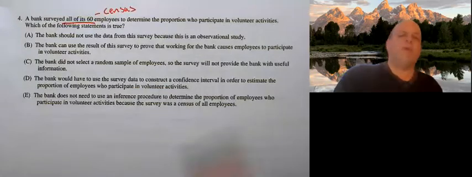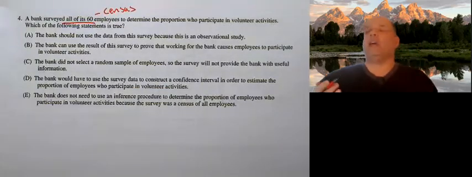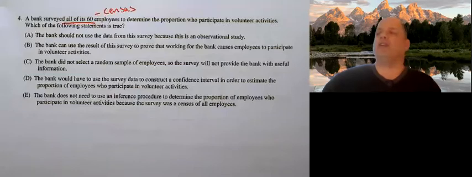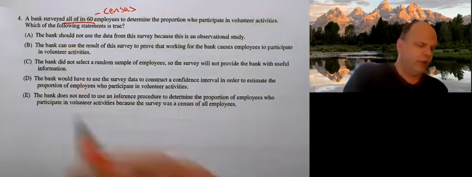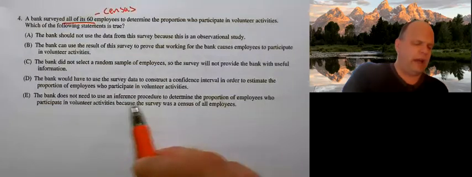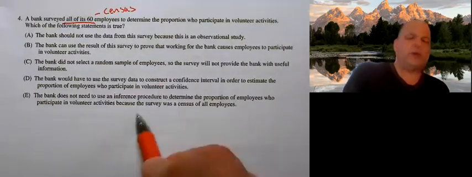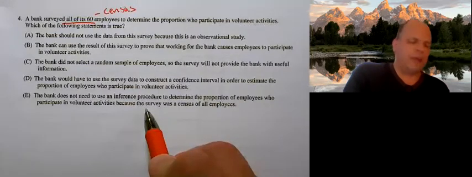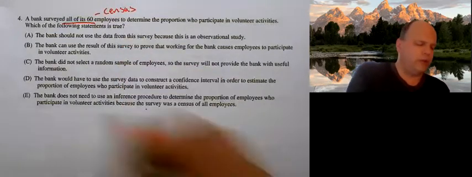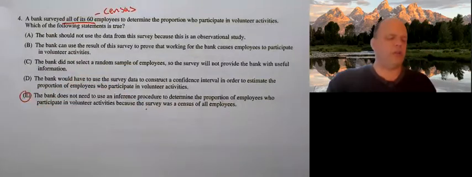Okay, so one thing is in statistics, if we have conducted a true census, we know the true population proportion, and as a result, we don't need to do any inference procedure. So the bank does not need to use an inference procedure to determine the proportion of employees because we actually know the true amount. Because when you do the census, you know the actual population, assuming you can conduct one.